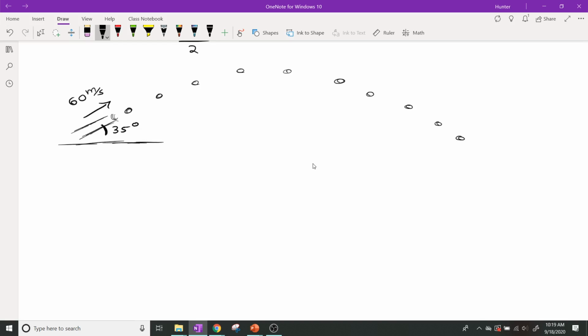So, from just the speed of the projectile, can we find the maximum height of the trajectory? Can we find the range, which I'm just going to call x, the horizontal distance? We can call it d too, but I'm going to use x for the horizontal distance. And can we find the time?